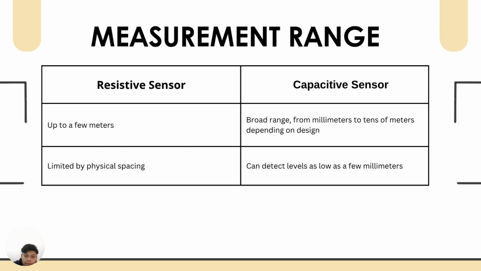They can be configured for very small measurements down to a few millimeters, or scaled up for large silos and tanks that are several meters tall. This broad range makes a capacitive sensor suitable for a wide variety of industrial processes, from fine dosing to bulk storage.